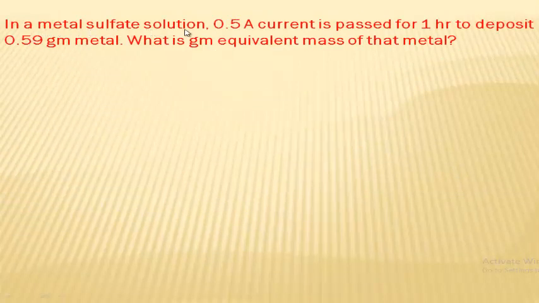Follow another example. In a metal sulfate solution, 0.5 ampere current is passed for 1 hour to deposit 0.59 gram metal. What is the gram equivalent mass of that metal?